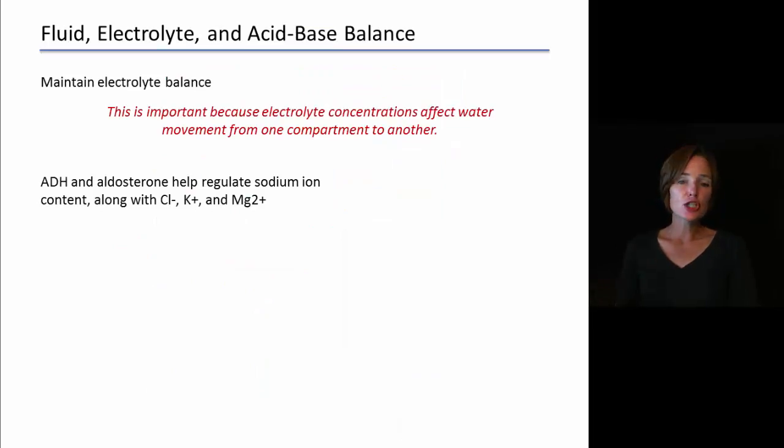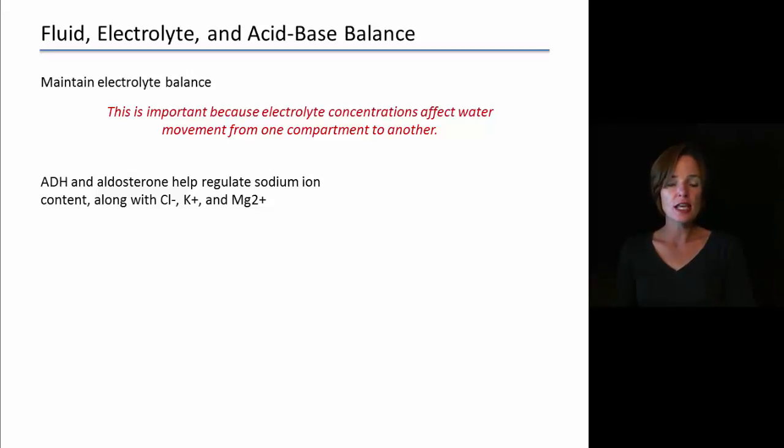The kidneys, besides just regulating the water balance of the blood, also help to maintain electrolyte balance. This is very important because electrolyte concentrations do affect water movement, and that's water movement from one concentration to the other. So if we want to control water movement, we have to be able to control electrolyte balance.